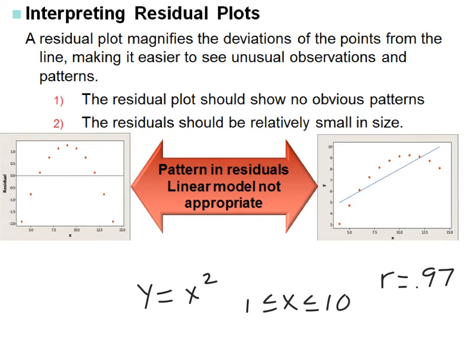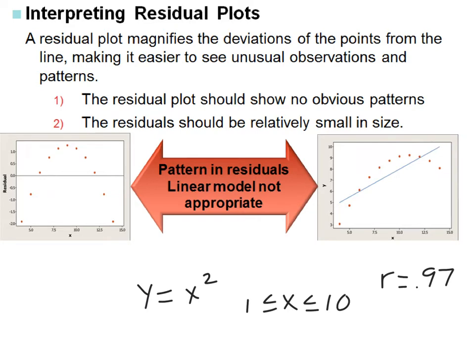That's what r measures, but that's a quadratic, that's very not linear. What's the deal? This is what we would also look at, okay, where we'd have a little bit of a chance to notice that is the residual plot for that data, that y equals x squared. It would show a really distinct pattern, okay?